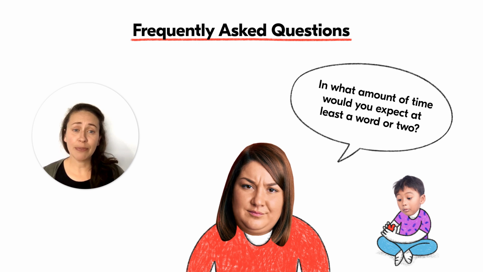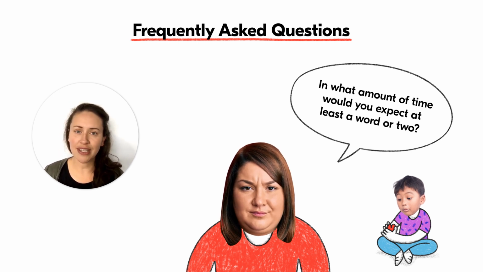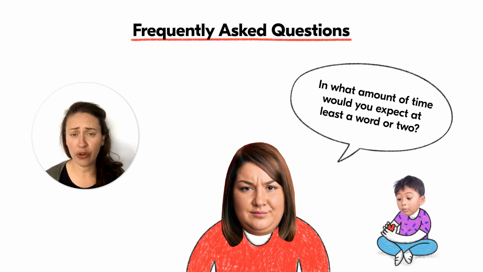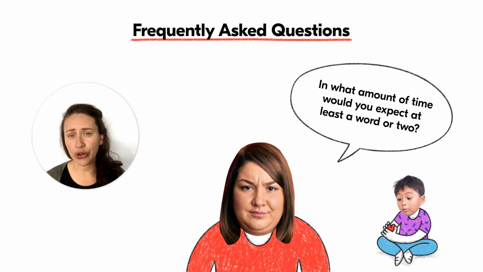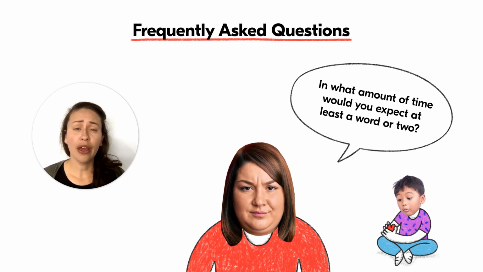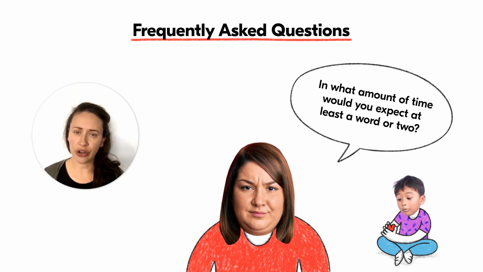My 26-month-old with speech regression has made no progress in 6 months of speech therapy. In what amount of time would you expect at least a word or two? Is another question. Therapy and progress is different for each child, as we know.